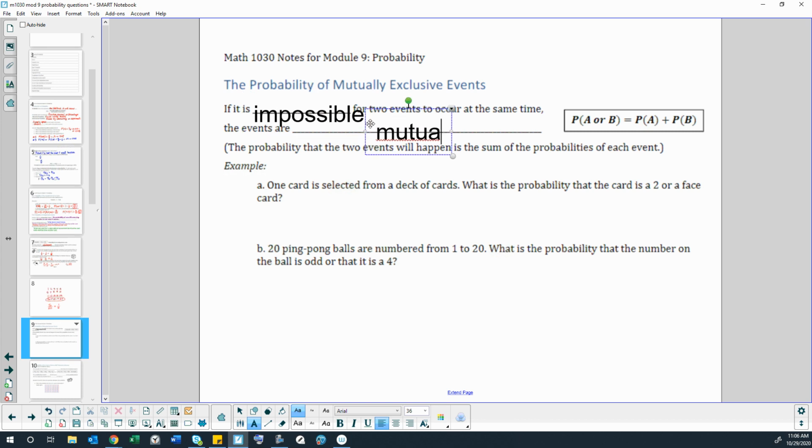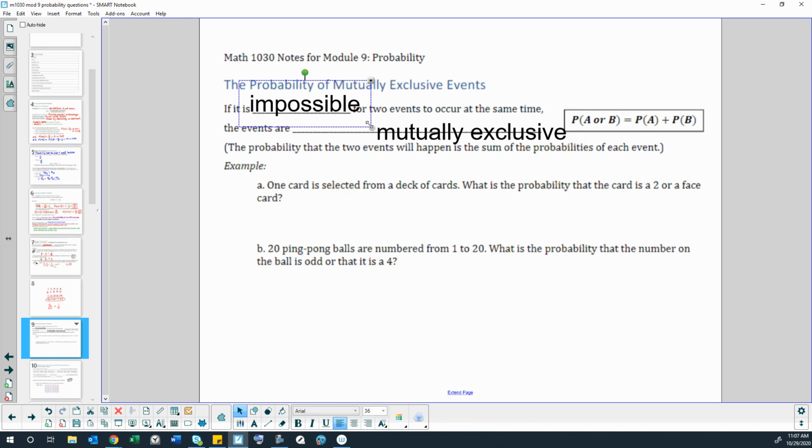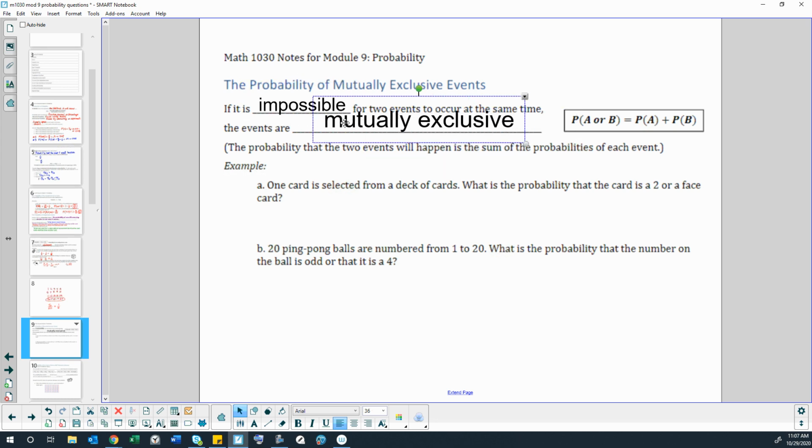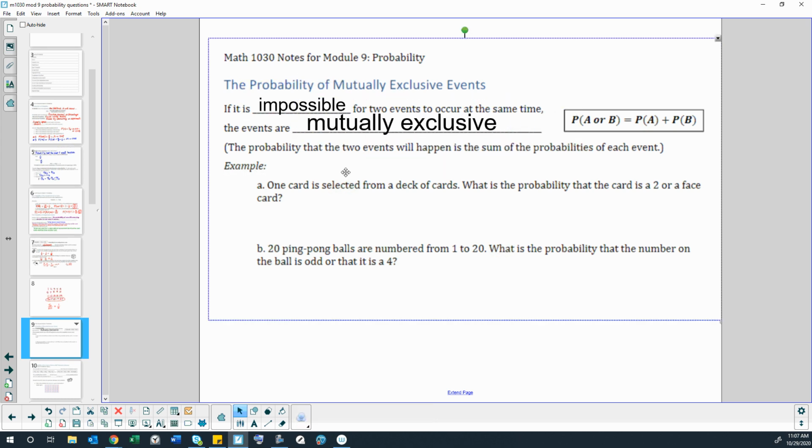And mutually exclusive here. The probability that the two events will happen is the sum of the probabilities of each event.